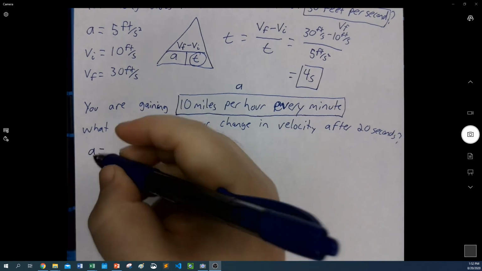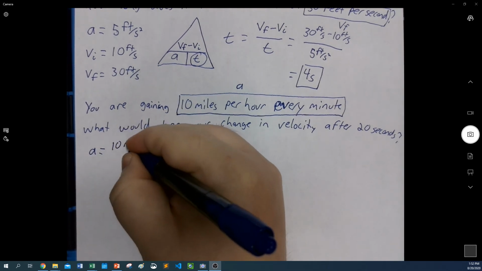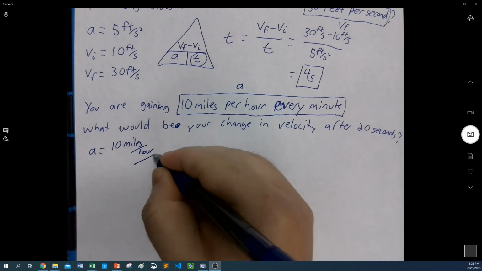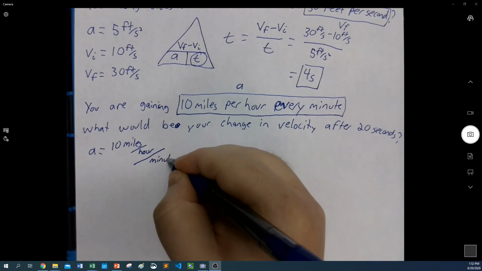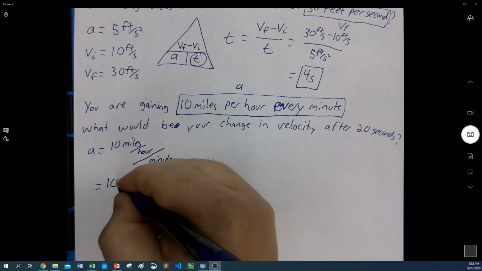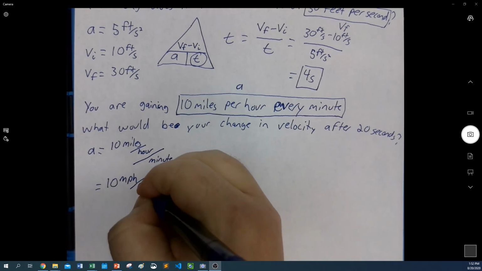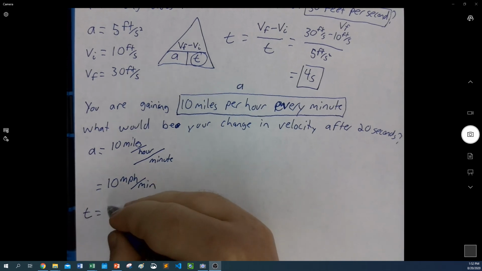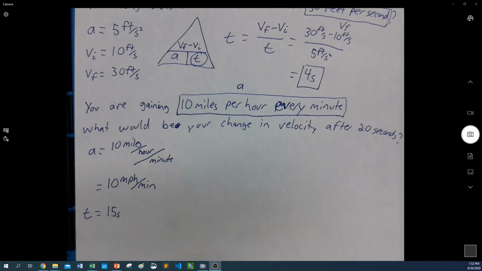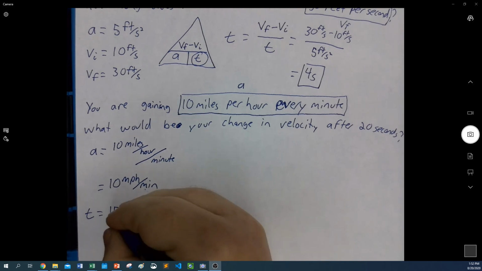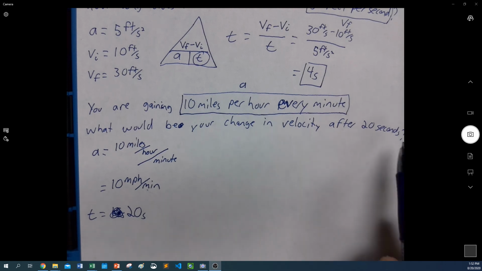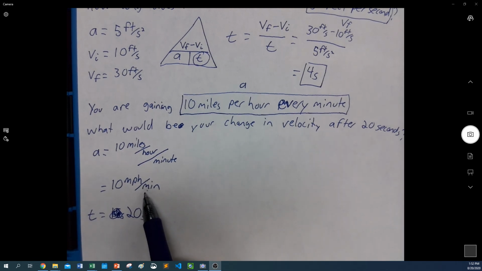So acceleration is 10 miles per hour every minute. Another way of writing that is 10 miles per hour every minute. Or time is 15 seconds. However, the unit is every minute. Oh wait, 20 seconds. Our time is 20 seconds, but our acceleration is every minute.